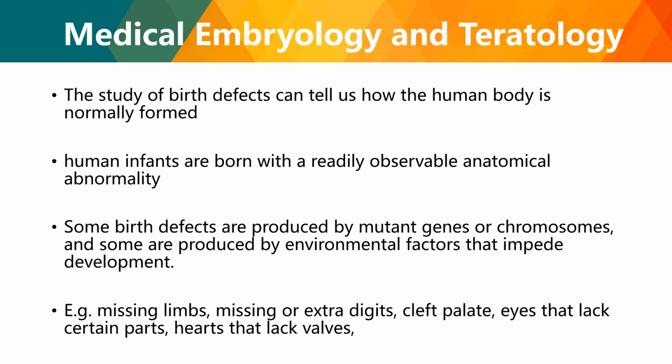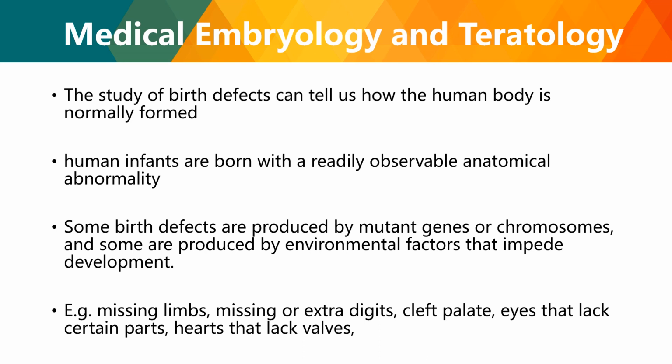So, next is the application of medical embryology and teratology. Teratology is the study of birth defects that can tell us how the human body is normally formed. Human infants are born with a readily observable anatomical abnormality.